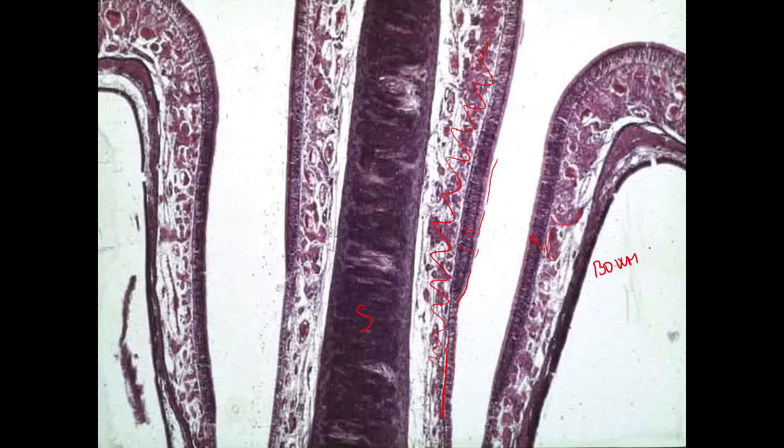I know this picture isn't very nice, I am sorry, but you can go to the slide room and try to look at the nasal cavity, and you will see the Bowman's glands that are in there. Yes, or I can take you another picture, but this isn't a very good picture. Maybe here you can see it better. These glands are Bowman's glands.